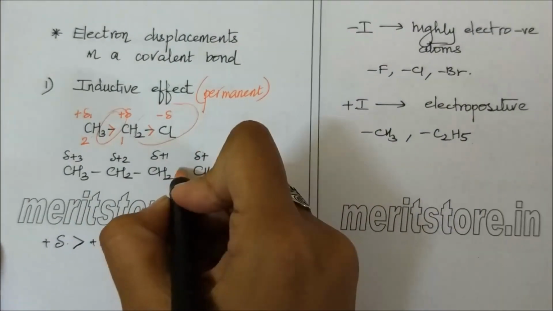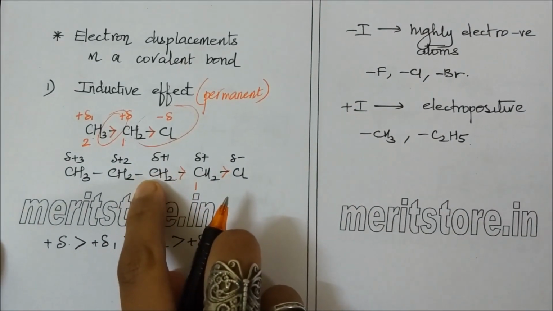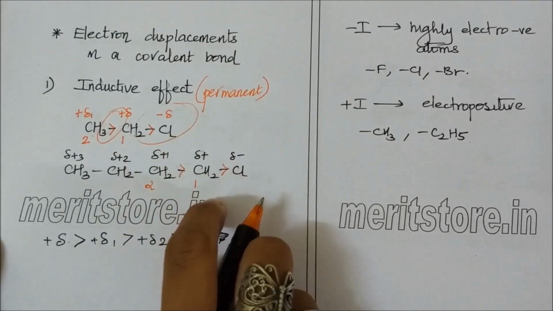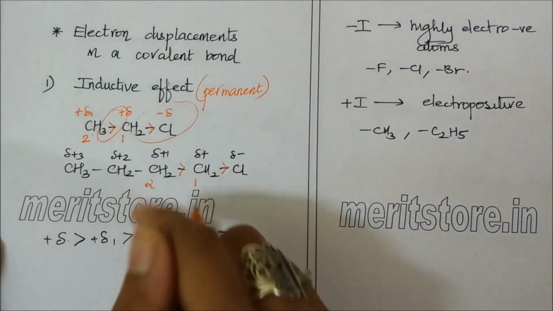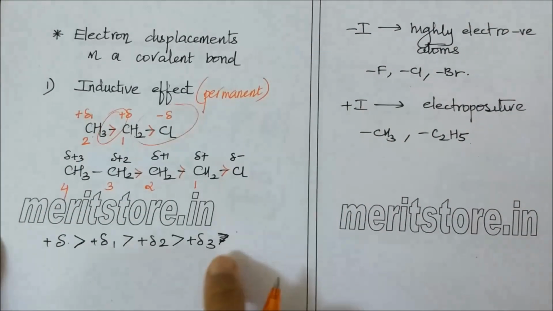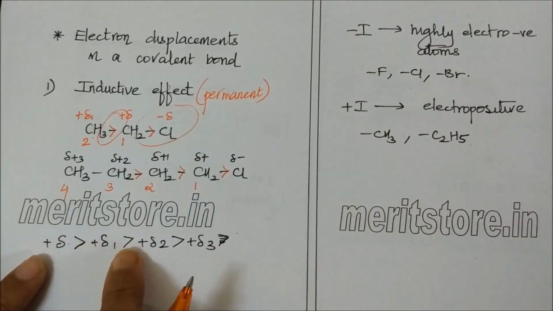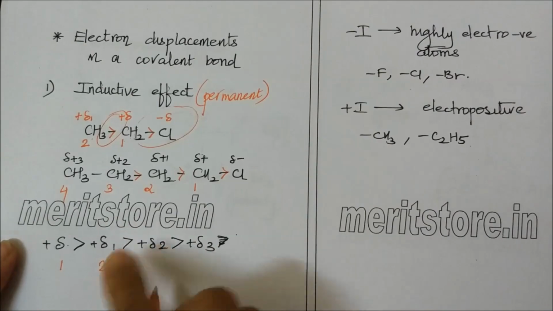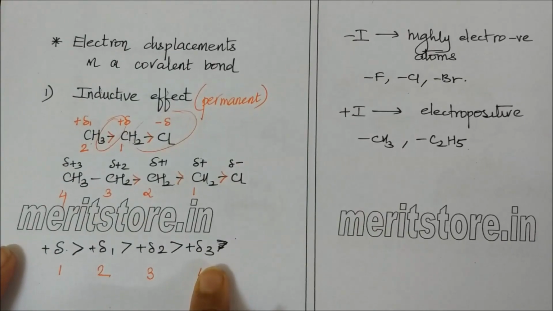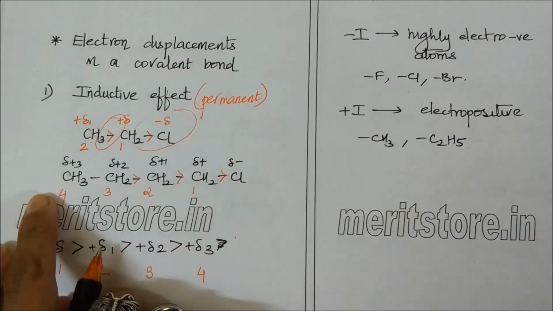In turn, carbon 1 pulls electron density from carbon 2, and hence carbon 2 develops a partial positive charge which is less than the positive charge of carbon 1, and this effect goes on down the chain. As you can see, the charge of carbon 1 is greater than that of 2, is greater than that of 3, and 3 is greater than that of 4, which means that the inductive effect decreases along the length of the chain.